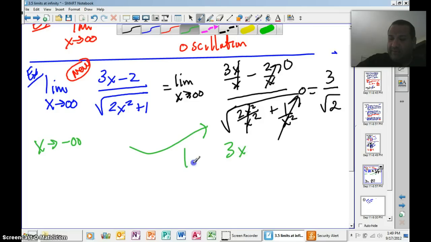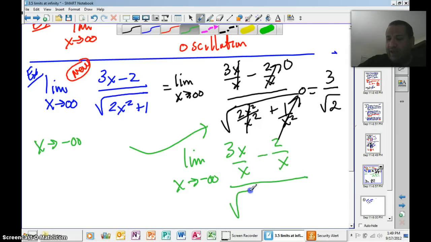So we have the limit as x goes to negative infinity, 3x over x minus 2 over x, all over. Well, now, since I'm going to negative infinity, I'm thinking about taking 2x squared and dividing it by negative square roots of x squared.